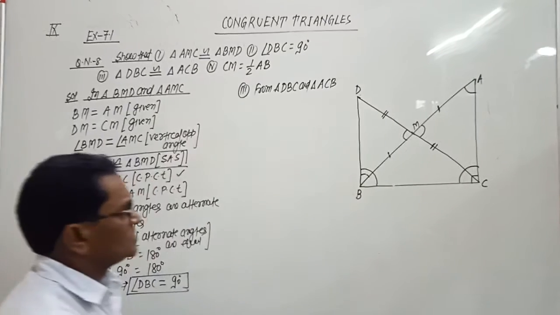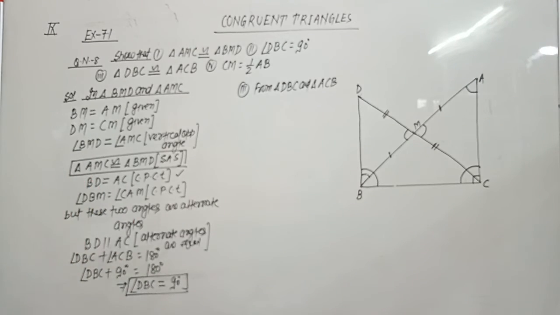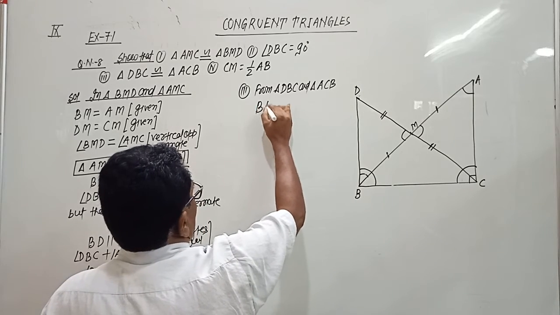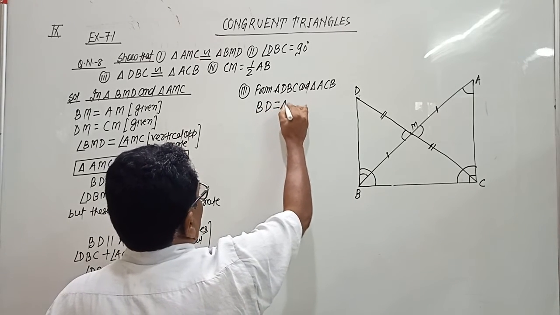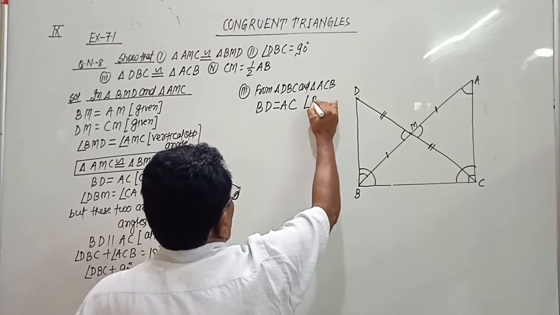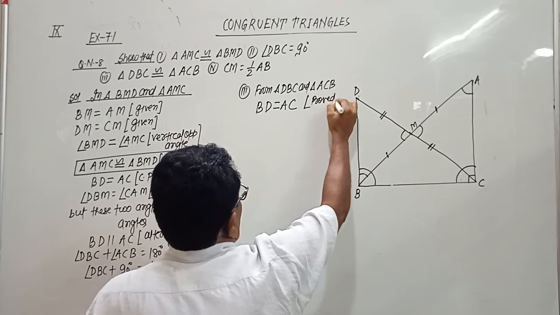Side BD equals AC. By CPCT we have proved BD equals AC. So BD equals AC, proved earlier.